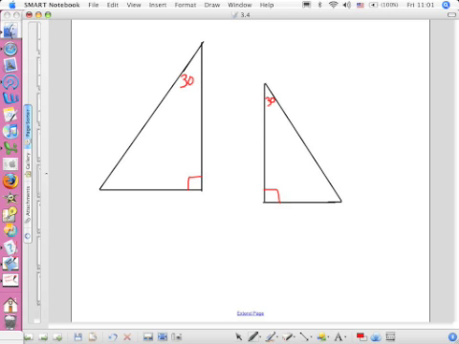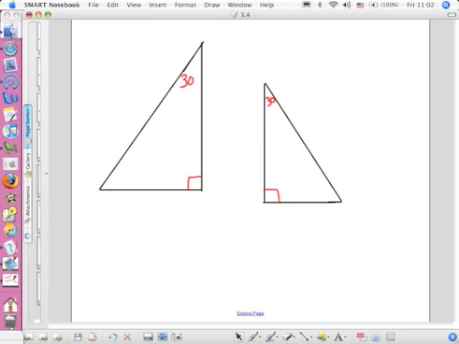It says if 2 angles of one triangle, write this down, you can abbreviate, are congruent to 2 angles of another triangle, then the third angles are congruent.